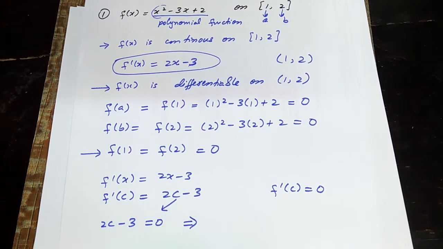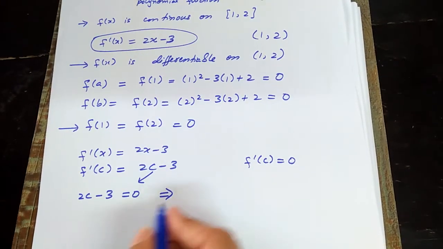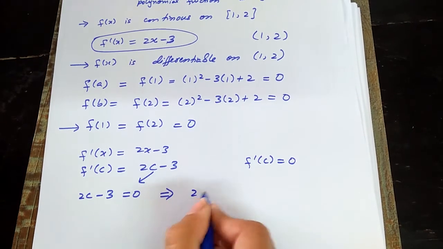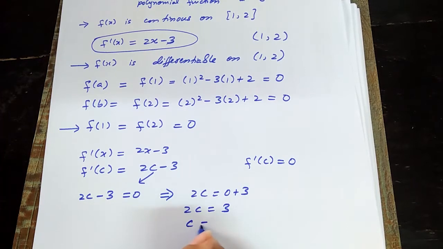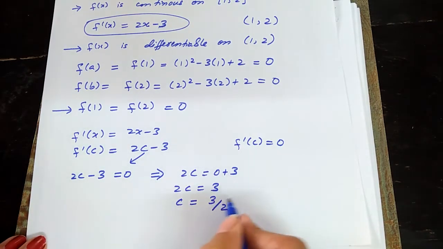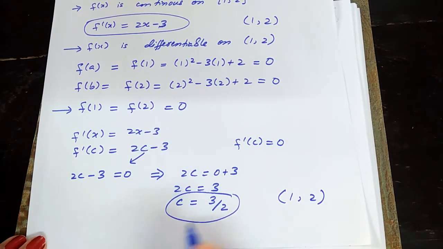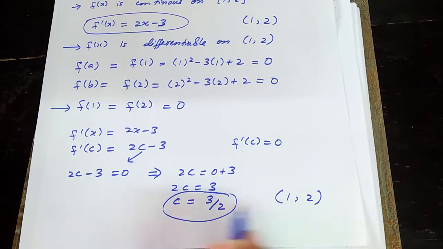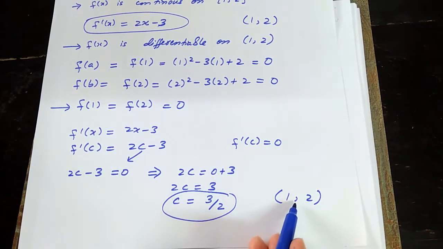Calculate the value of c by using the basic algebraic method: 2c equals 0 plus 3, so 2c equals 3, so c equals 3 over 2. Now the last thing you have to check is that this c must be in this open interval. If it is in this open interval, then this will be our value of c. But if it is not in this open interval, then we will have no value of c.